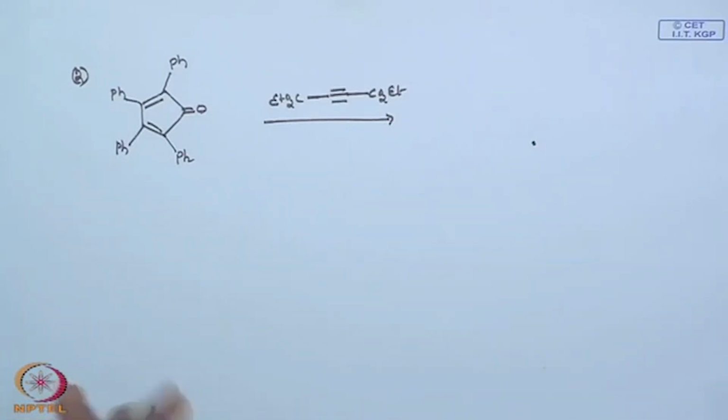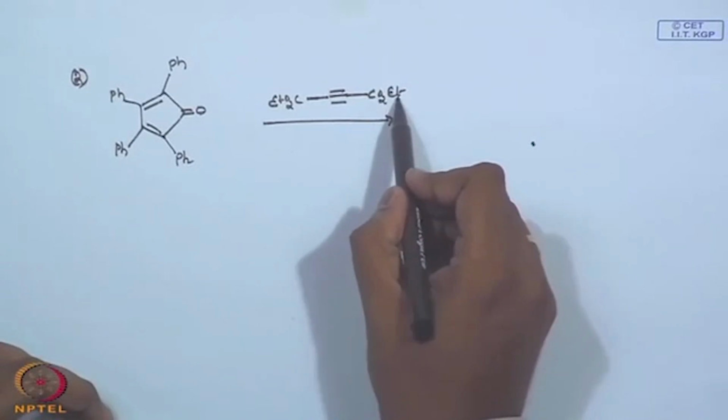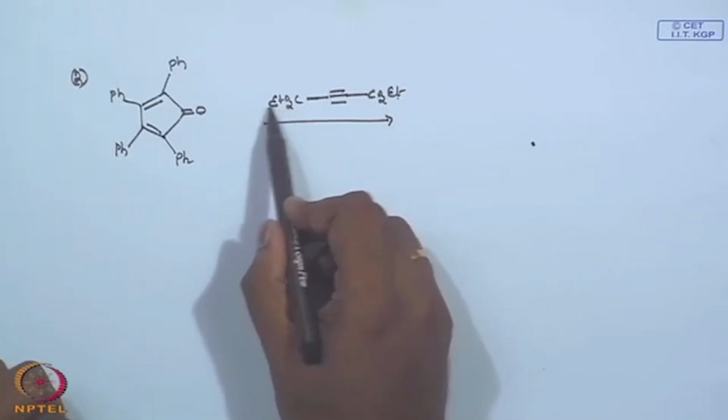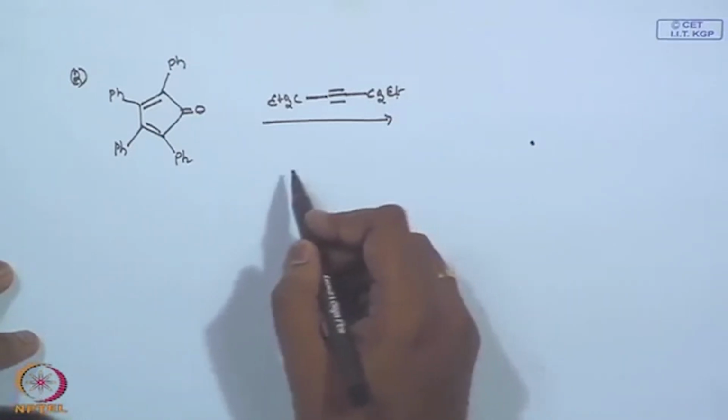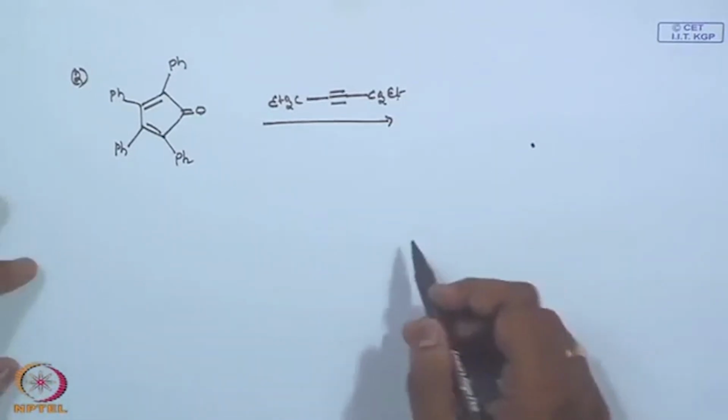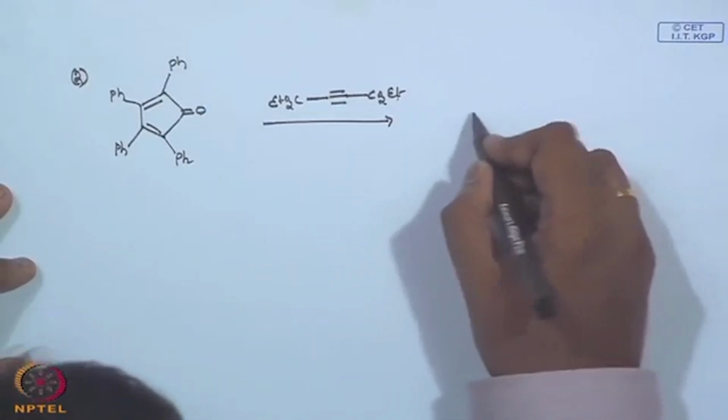Now tell me, if I add this and heat, what reaction can I expect? This is CO2Et, your carboxylate ester of your carboxylic acid. Now tell me, what type of reaction can I expect from this? Yes, simple. It's a straightforward 4 plus 2 cycloaddition, right, to give me what product?